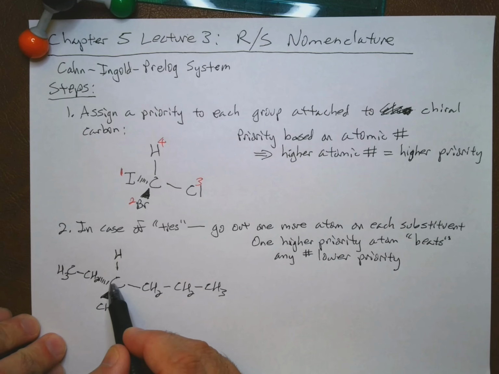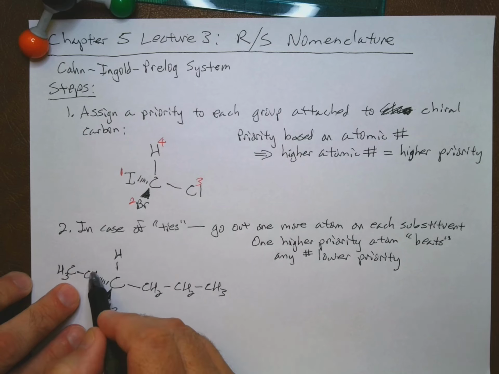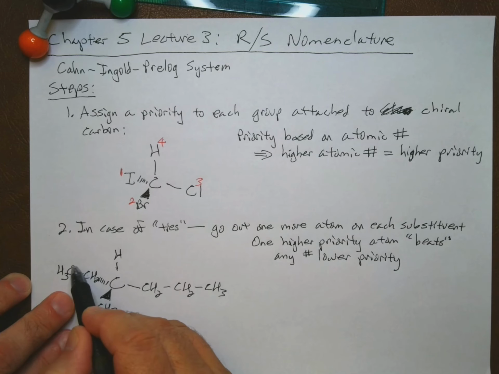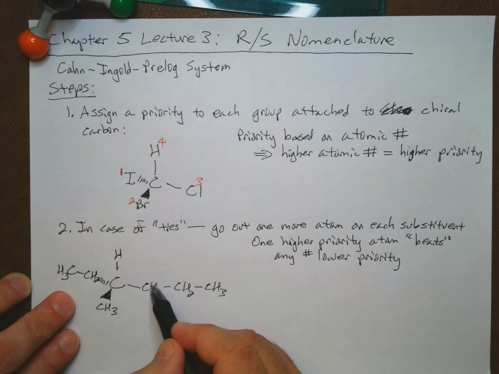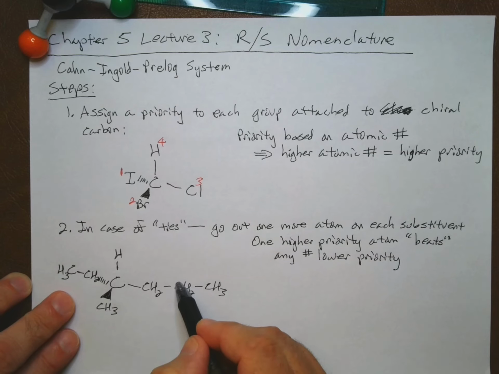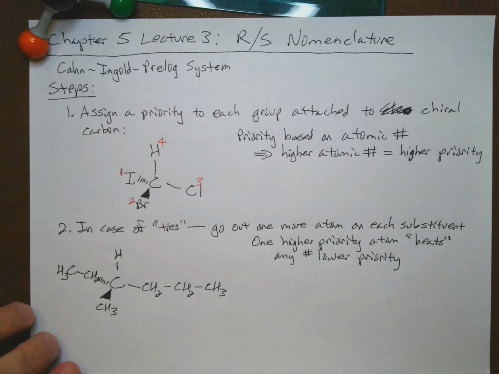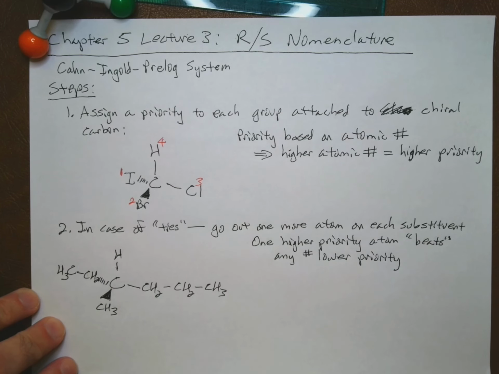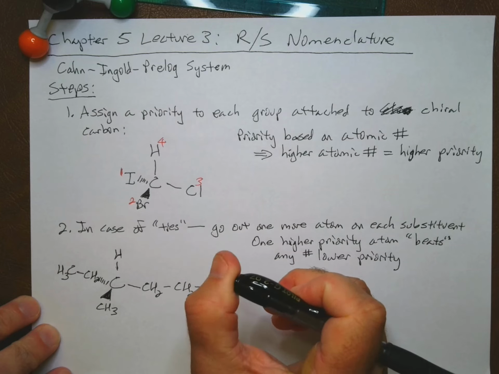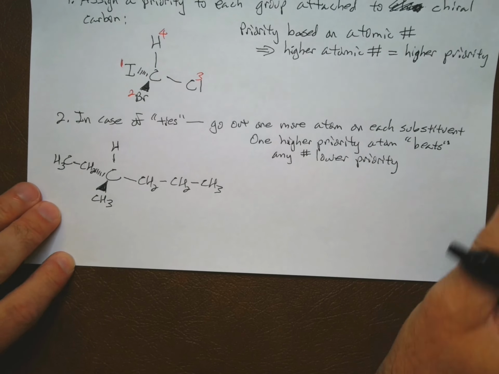So if we go out 1, we'll see we have carbon, carbon, carbon. So that's a tie. We'll go out another. Here we have hydrogen, hydrogen, carbon. Here we have hydrogen, hydrogen, hydrogen, and here we have hydrogen, hydrogen, carbon. It's a little easier if you draw out the hydrogens. I haven't done that, but maybe I'll go ahead and do that right now.